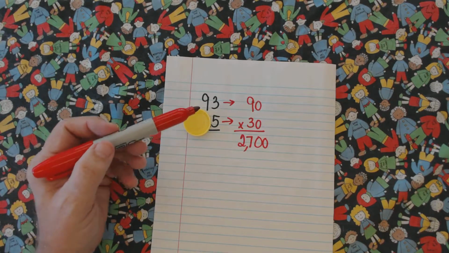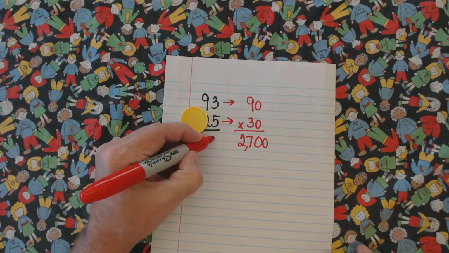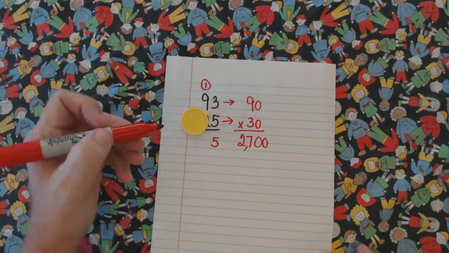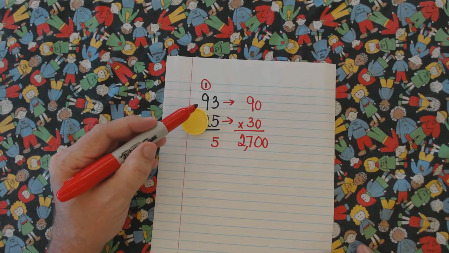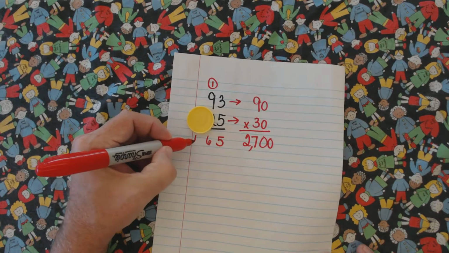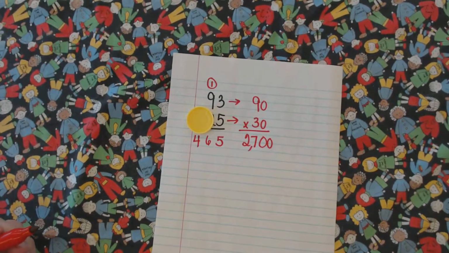So we're going to approach it the same way. 5 times 3 is 15. We put the 5 down, we carry the 1, and we circle it. 5 times 9 is 45, plus 1 is 46. So everything up to this point is exactly what they've learned through 4th grade.